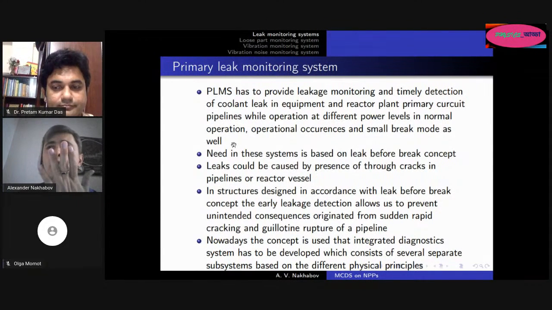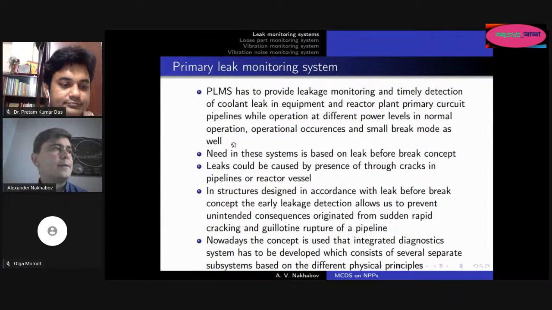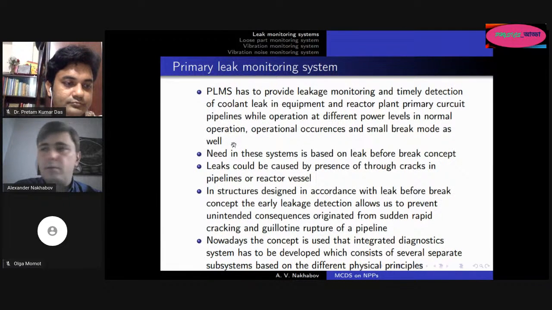Because, for example, you can say, okay, let the operator use some instrumentation from the control room, because in the control room there are pressure gauges, there is different instrumentation to monitor the state of the reactor and the state of the core.